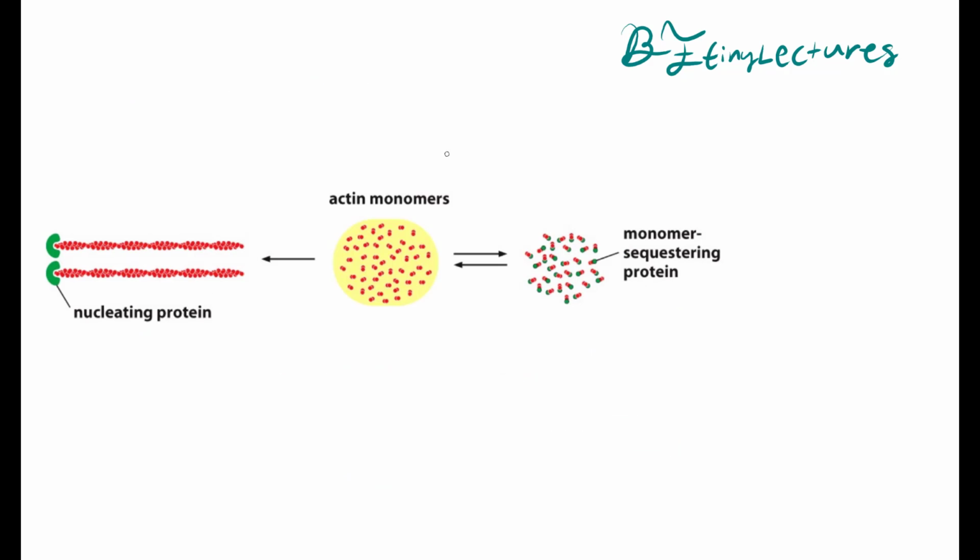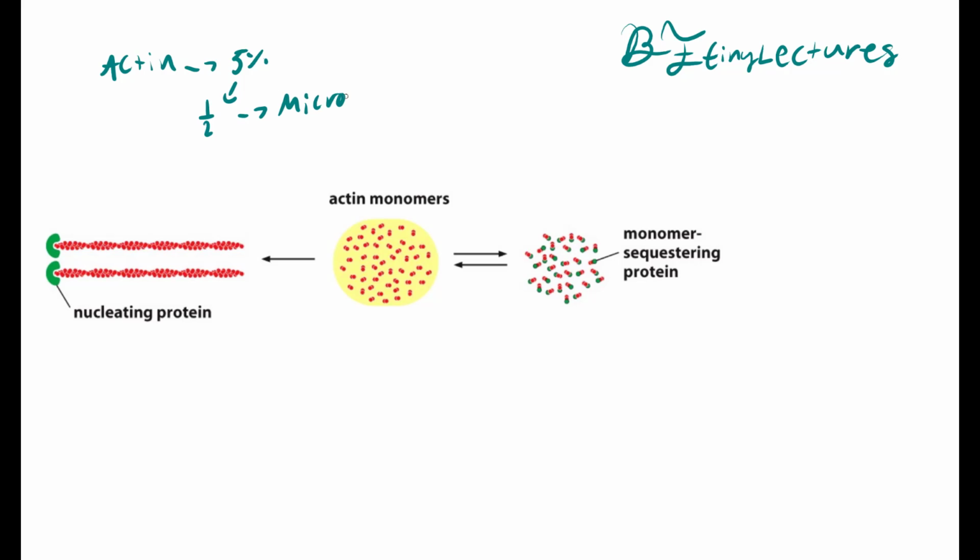Within the cell, actin is in small quantities. If you want to look at statistics, only 5% of the protein in all our bodies is actin, right? So 5% of proteins in the cells is actin. And half of this is actually assembled into microfilaments.